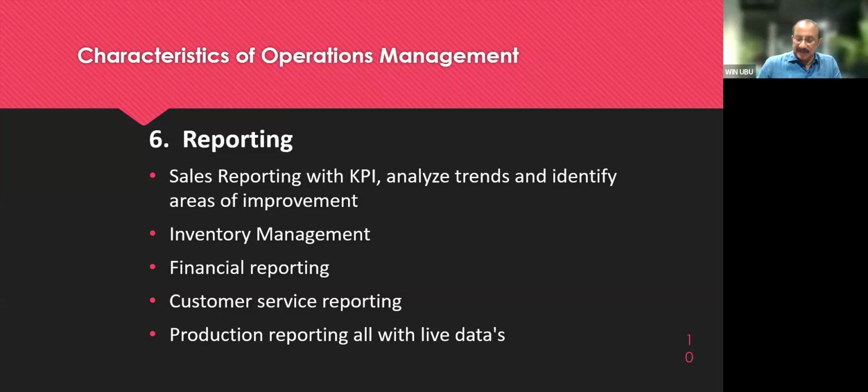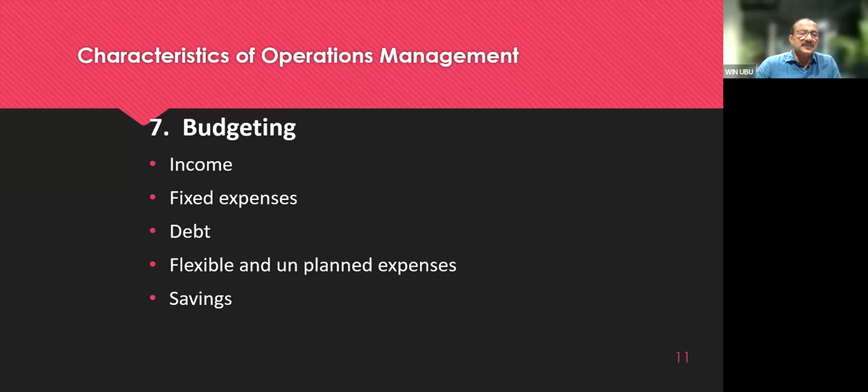the production. Reporting is another responsibility of operations. And budgeting is the next responsibility or characteristic of operations. Budgeting, in the sense, income is very essential for a business, and fixed expenses, fixed capital expenses.